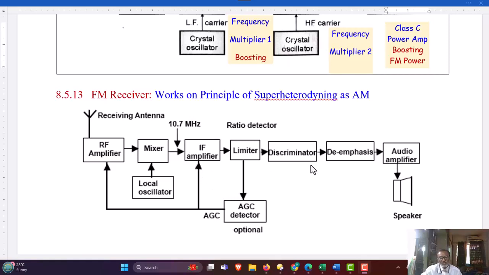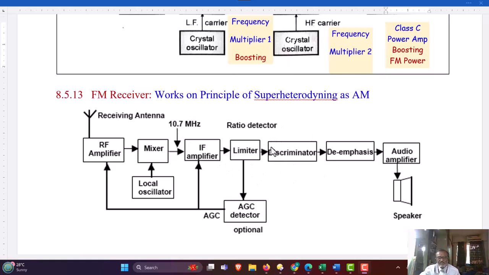Therefore, all the further amplifier blocks, the discriminator and other blocks work at the constant intermediate frequency only. Whereas the RF amplifier, mixer and local oscillator circuit give us the capability to tune our radio receiver to different frequency modulation stations and generate a constant modulated signal at the intermediate frequency of 10.7 megahertz.